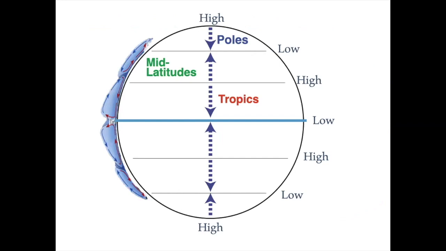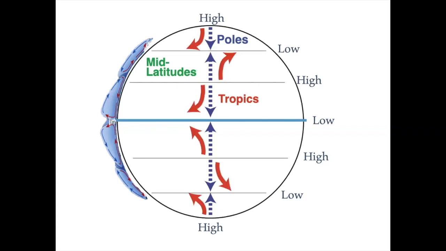So if we didn't have rotation, these highs and lows, low at the tropics, high at 30 degrees north, low at 60, high at the poles, would drive flows based on those pressure gradients as shown here. So from the high pressure at 30 degrees towards the tropics and towards 60 degrees.